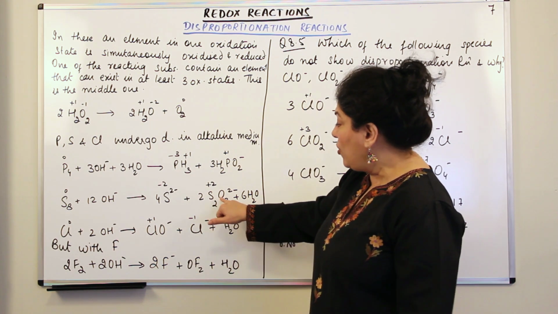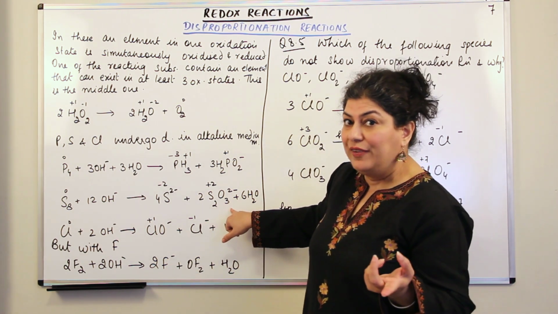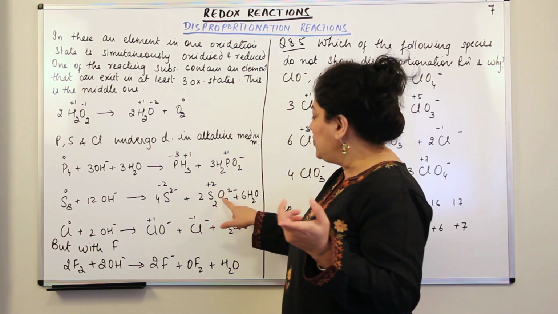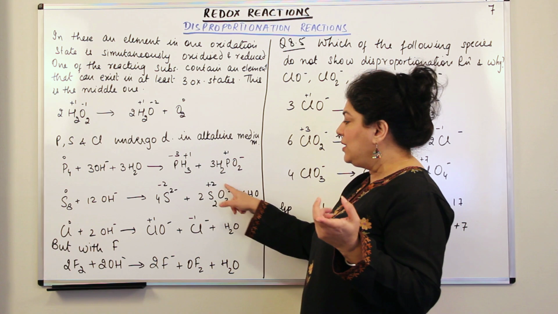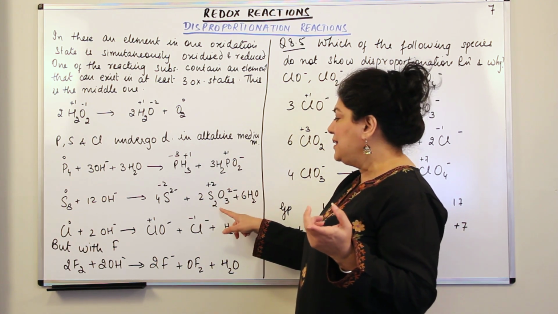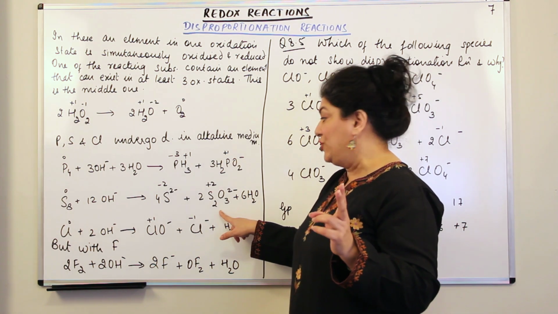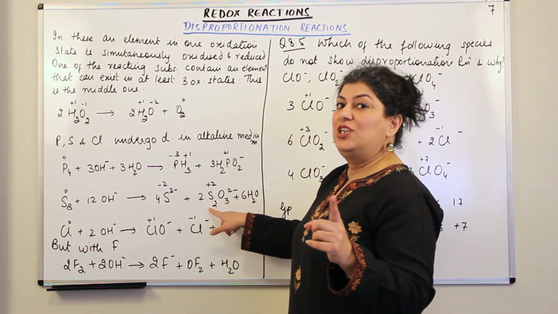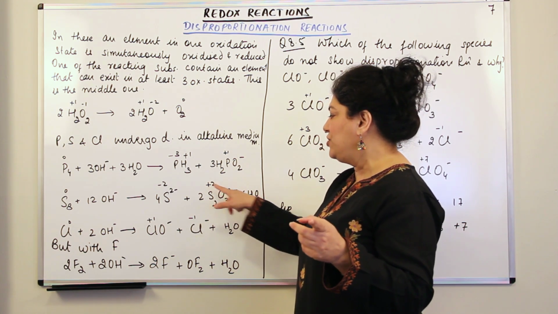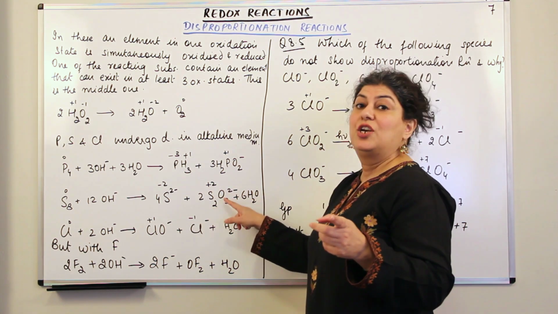So you have 3 oxygens, and oxygen has a charge of 2 negative normally, unless it's a peroxide. If the entire species has a charge of 2 negative, there should be 4 positive charges. So there are 2 sulfurs, each sulfur will have 2 positive charges. So 4 positive charges, 6 negative charges will make the entire species 2 negative.